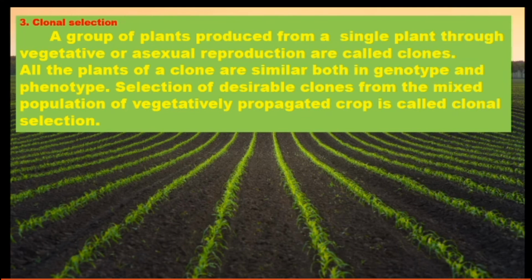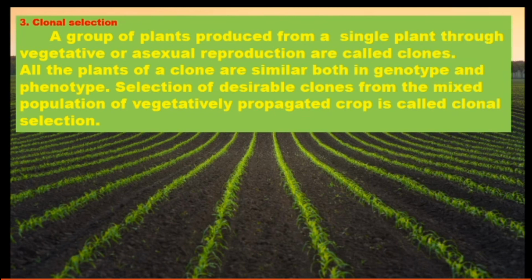Clonal selection. A group of plants produced from a single plant through vegetative asexual reproduction is called a clone. Cloning means that any type of plant tissue may be used to produce new plants.